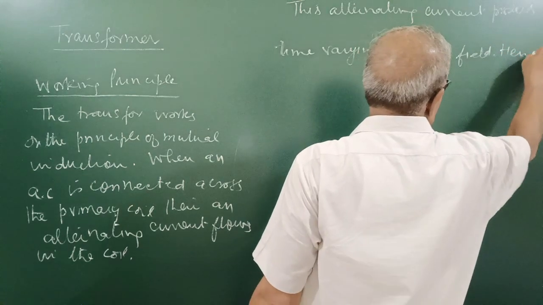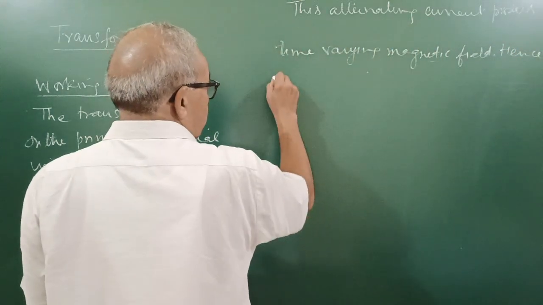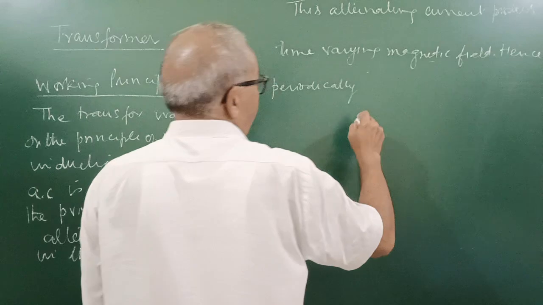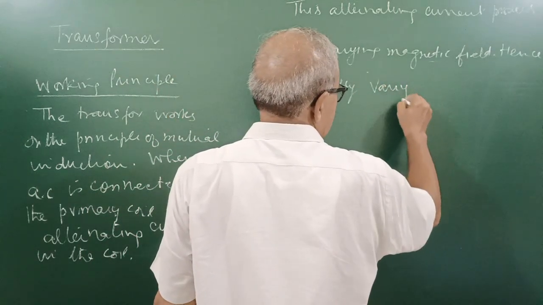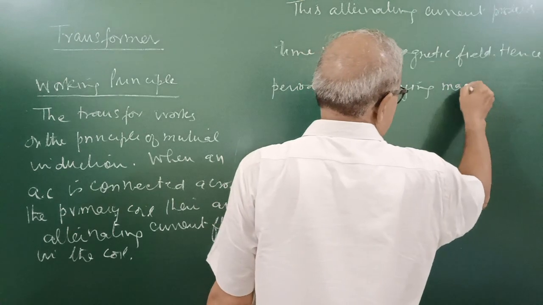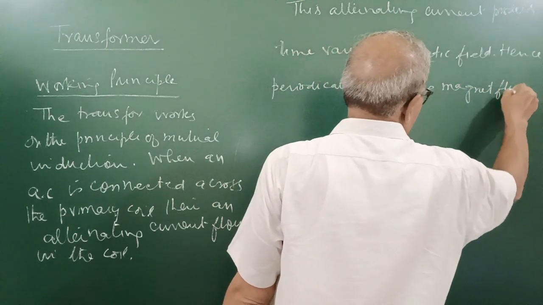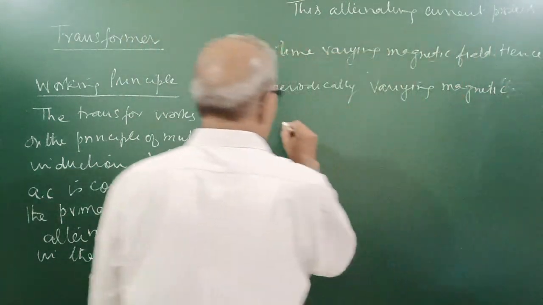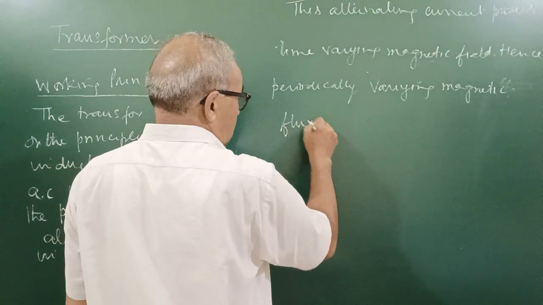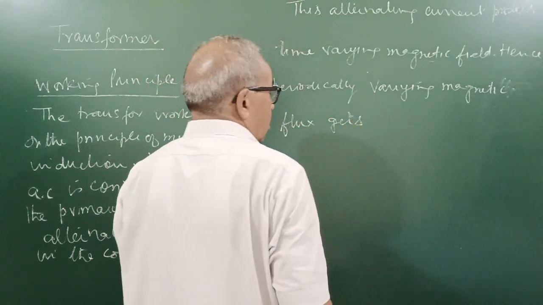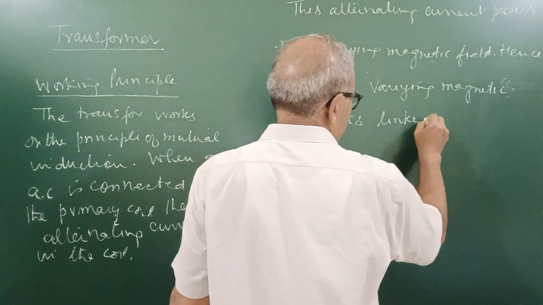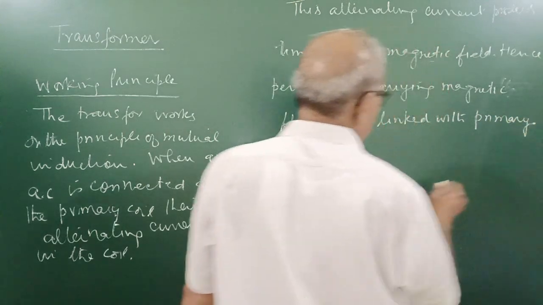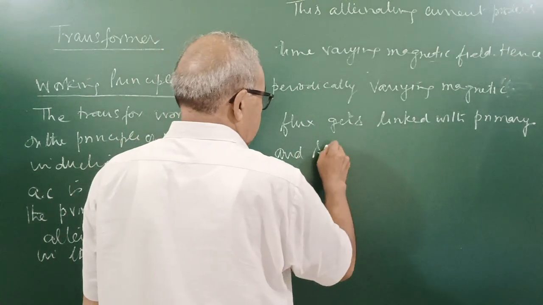Hence periodically varying magnetic flux gets linked with the primary and secondary coils.